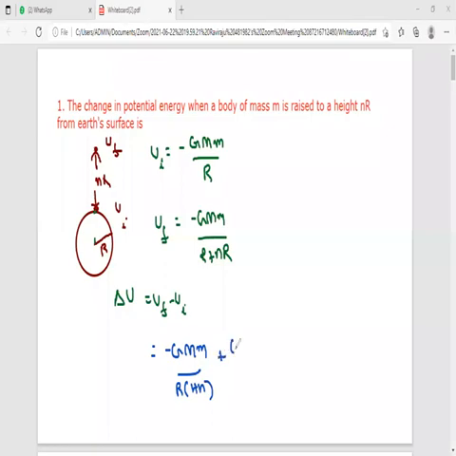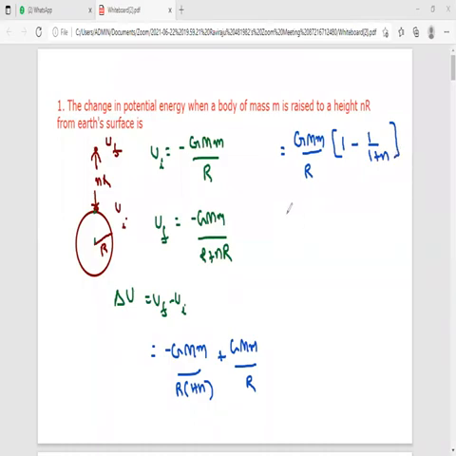Minus of minus is plus GMm by R. Now, the common factor is GMm by R. If it is taken common, then you will get the positive term first, 1 minus 1 by 1 plus n.